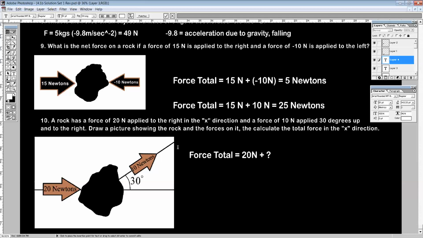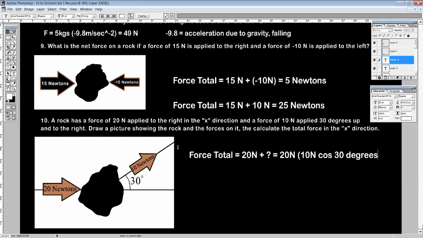All right, so we need to do a little bit of trig. So let me just extend this problem a bit. So we've got our 20 newtons, and the way we treat that 30-degree angle, we treat that 10 newtons as the hypotenuse, and we are looking for its resultant force in the x direction. And so our math for that becomes 10 newtons times the cosine of 30 degrees.